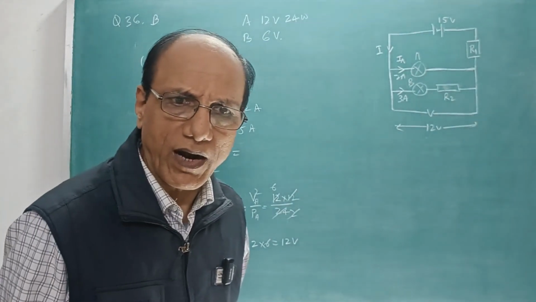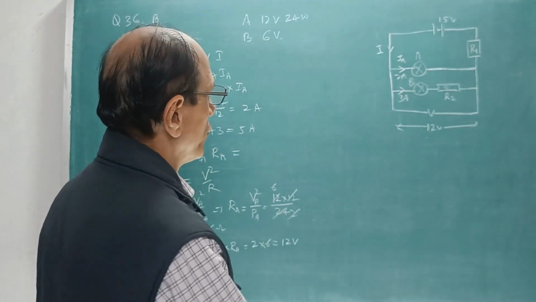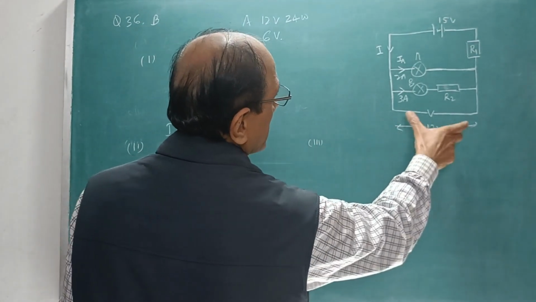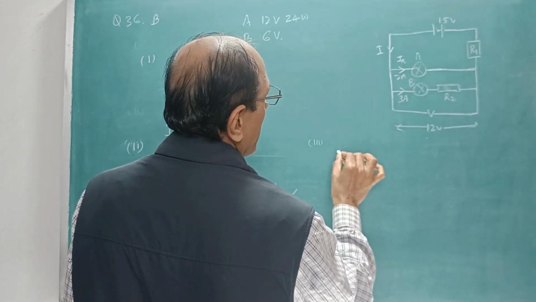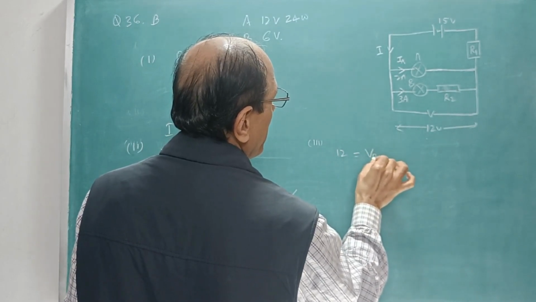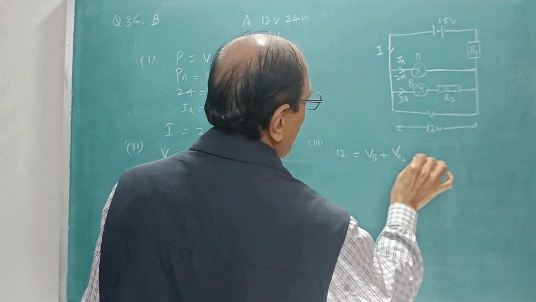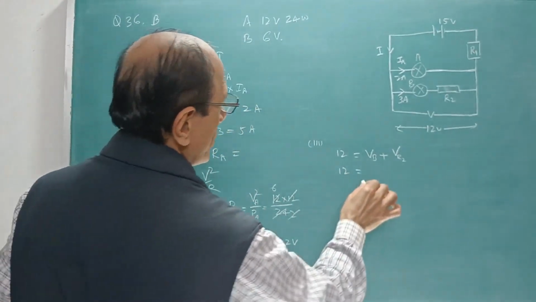Now the third part is calculate the resistance R2. Again this V, I told you, that this 12 volt will be equal to VB plus VR2. So this is 12, VB is 6 volt.